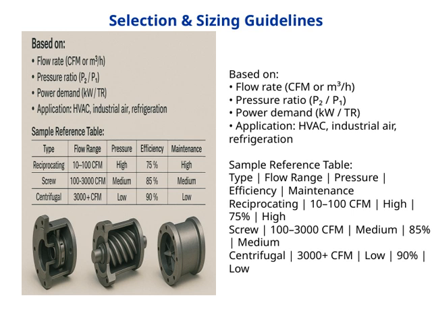For reciprocating compressors, we're talking about flow ranges from 10 to 100 CFM, with high-pressure ratios and a typical efficiency of around 75%. These units tend to require high maintenance. Screw compressors handle larger flow ranges, from 100 to 3,000 CFM, with medium pressure ratios and about 85% efficiency, requiring medium maintenance.